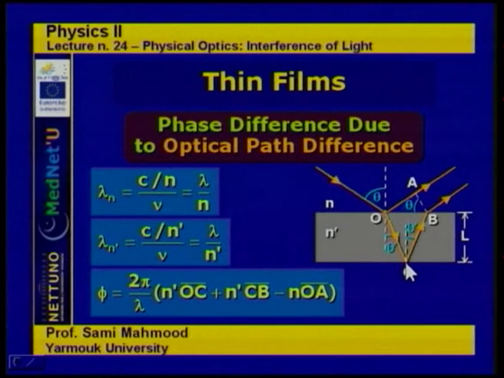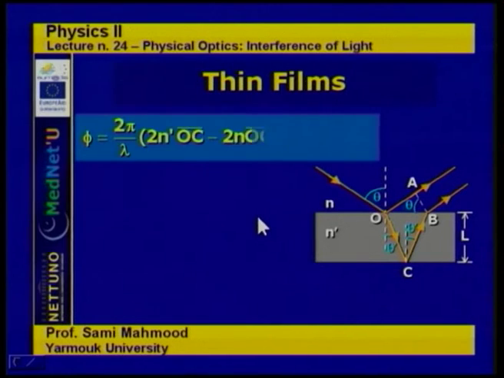And the second part is this part, which is CB, times n prime in order to convert the length into the right lengths of lambda prime here, minus this path, which is OA in medium n, which is simply n times OA in terms of lambdas here. This gives the phase difference due to the optical path difference.